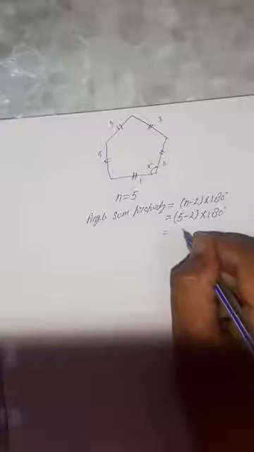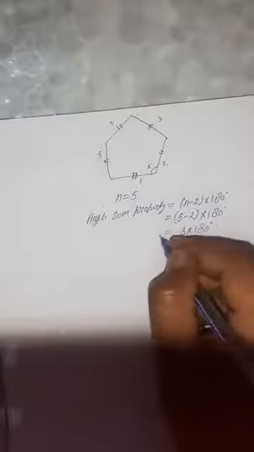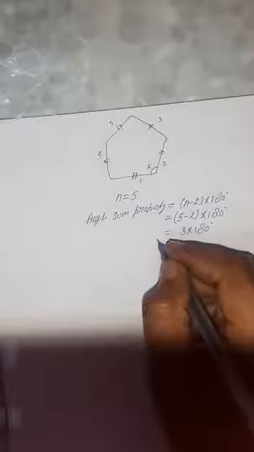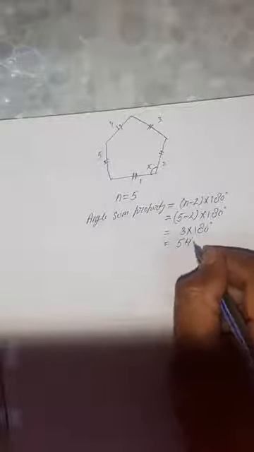So what will we get? 3 multiplied by 180 degrees, which is 540 degrees. How many angles do we have? We have 5 angles: first, second, third, fourth, fifth.